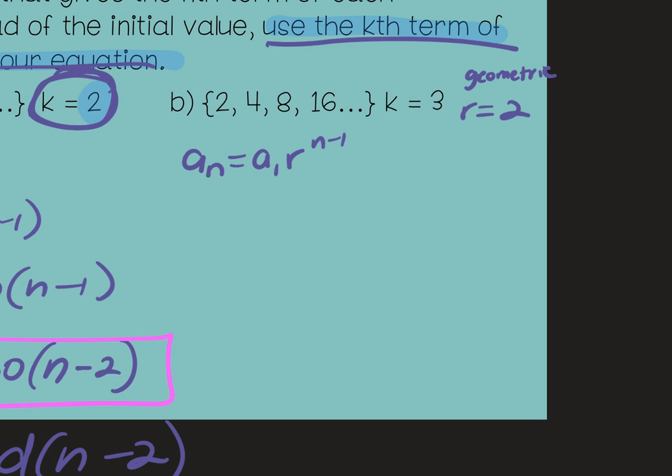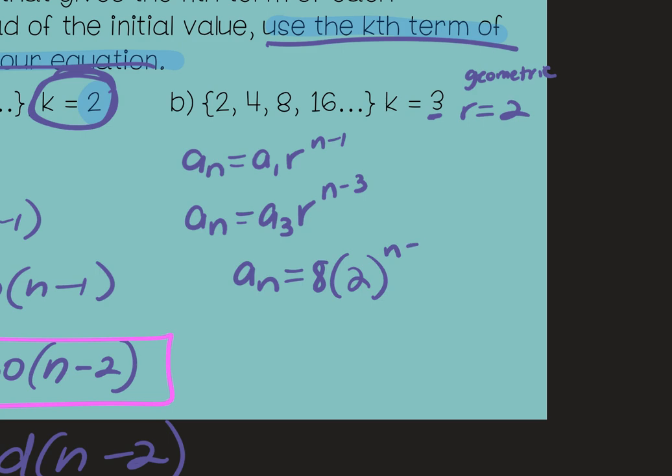But I want that 1 to get replaced with what this time? 3. So it would be AN equals A3 times R to the n minus 3. And what is A3? 8, and my R was 2, and it would be n minus 3.